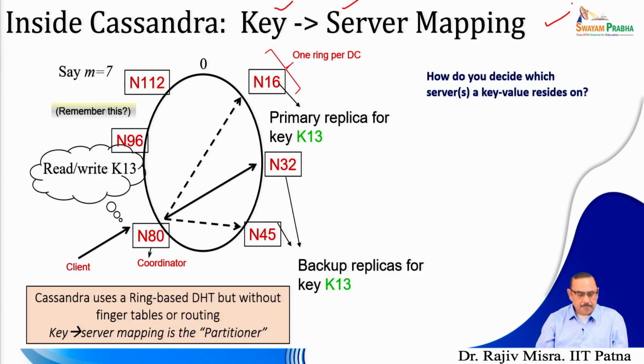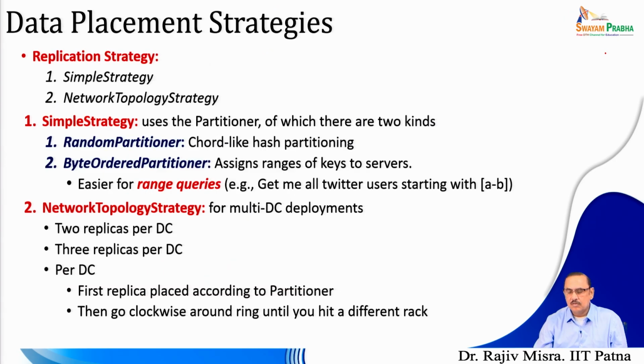To do this, Cassandra uses a ring based distributed hash table, but without the finger table or the routing which is used in a distributed hash table. Key to server mapping is often called the partitioner. So, this particular program is called the partitioner. This key to server mapping decides on which server the key value pair resides.